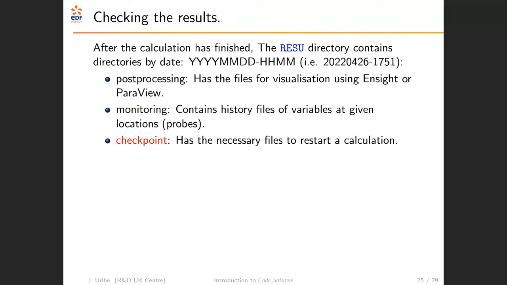Checkpoint will have a copy of the mesh file, a copy of what we call the main and the auxiliary file. So the main file will have all the necessary files to restart, and the auxiliary file will have information that would be used, but that is not necessary.